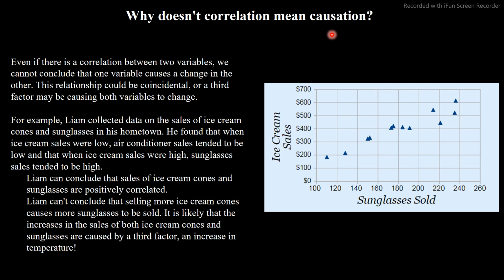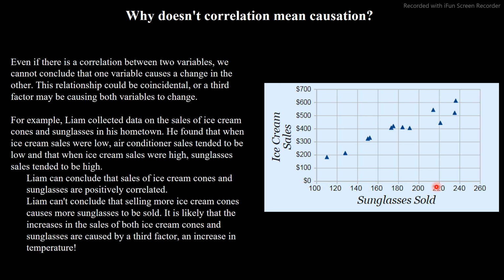So correlation doesn't mean causation. If you see this one, as I already told you since the beginning, ice cream sales and sunglasses sold. If the sunglasses sales are increasing, the ice cream sales are also increasing.